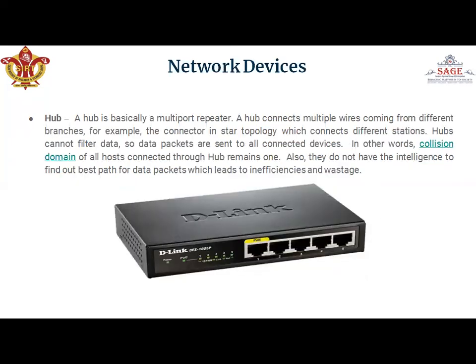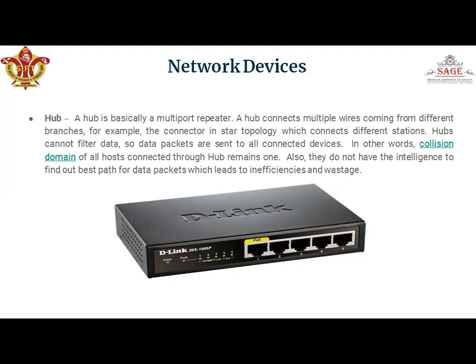The second network device is a hub. A hub is basically a multi-port repeater. A hub connects multiple wires coming from different branches, for example, the connector in a star topology, which connects the different stations. A hub cannot filter data, so the data packets are sent to all the connected devices.